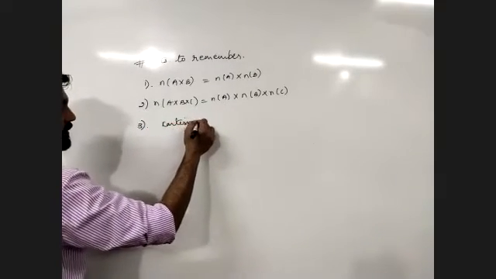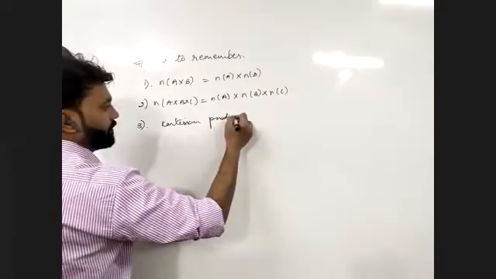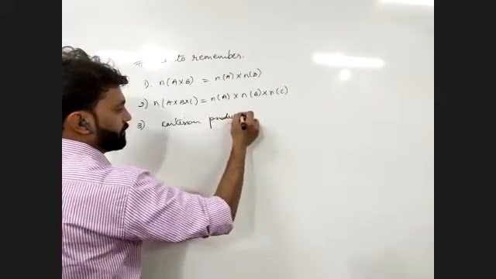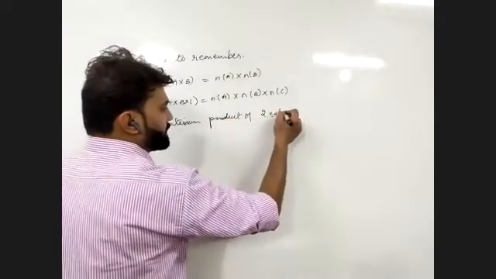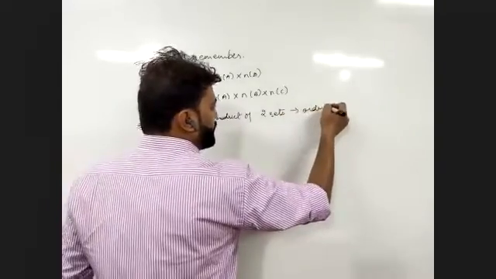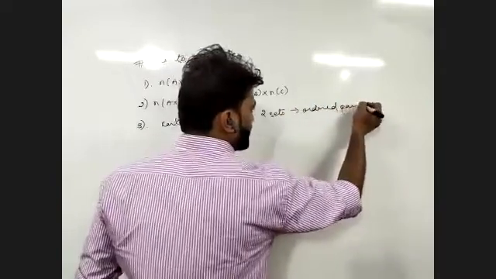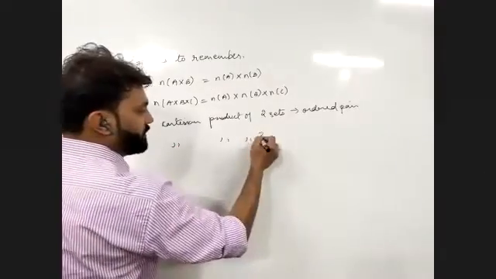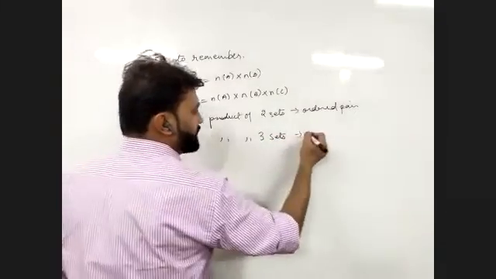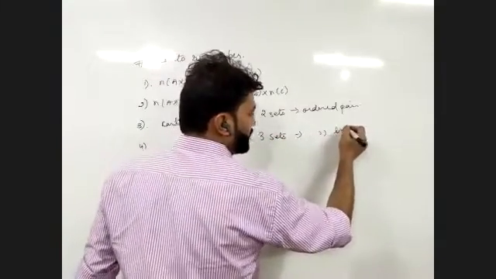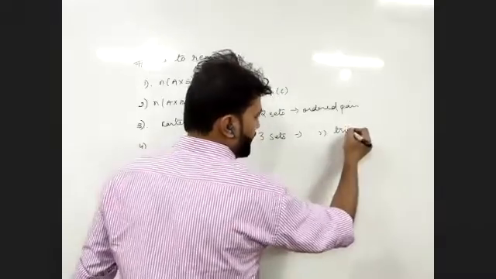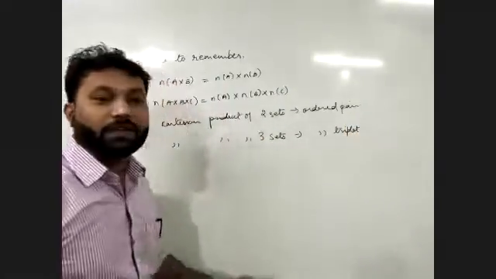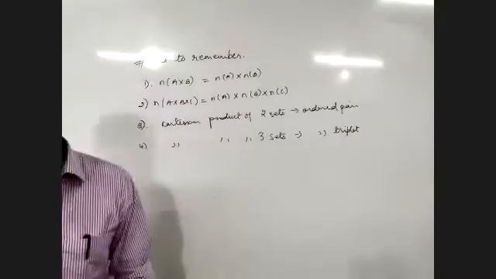The Cartesian product of two sets is always in the form of an ordered pair. The Cartesian product of three sets is always in the form of an ordered triplet. We can conclude one more simple thing with the help of this.